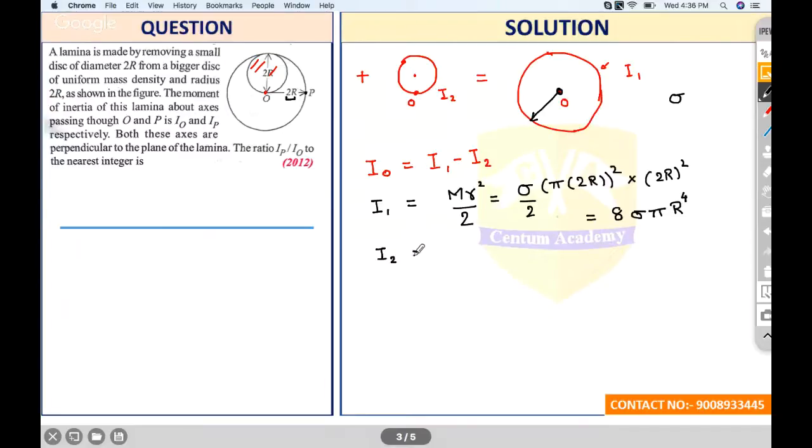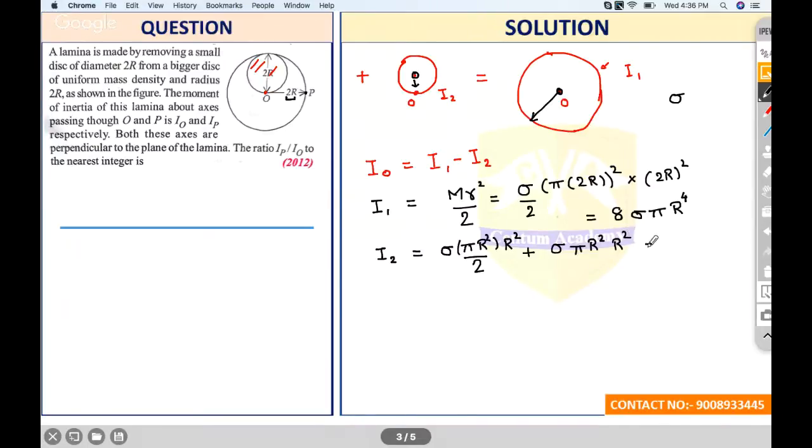Let's see what is I2. I'll first find the moment of inertia about the center of mass of the smaller disk, and then shift that axis till O. So I'll get the mass of this smaller disk, which is sigma into pi r square, the area of the smaller disk. This is mr square by 2, plus this is m into r square.